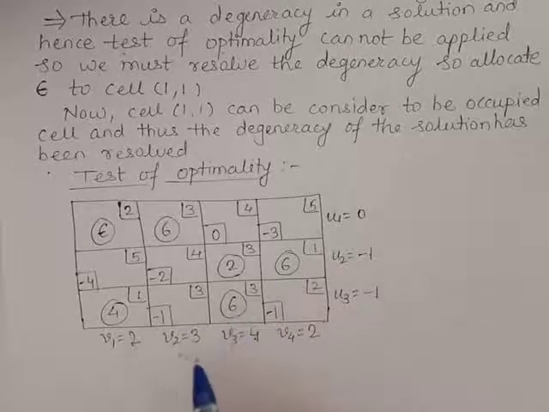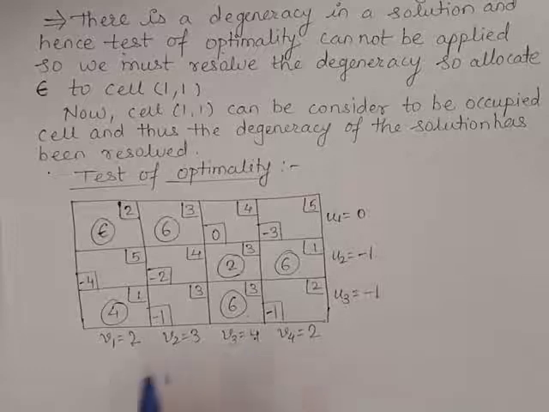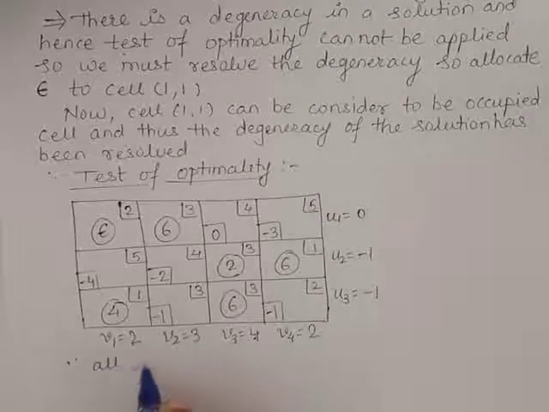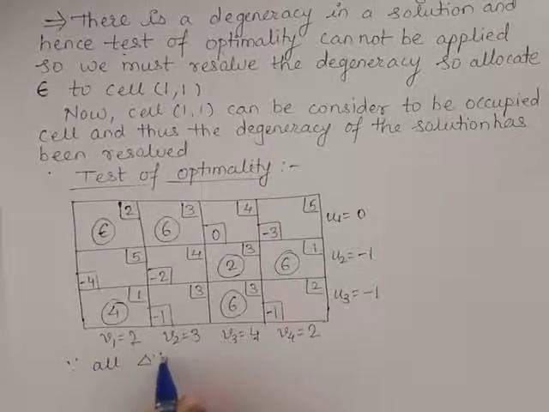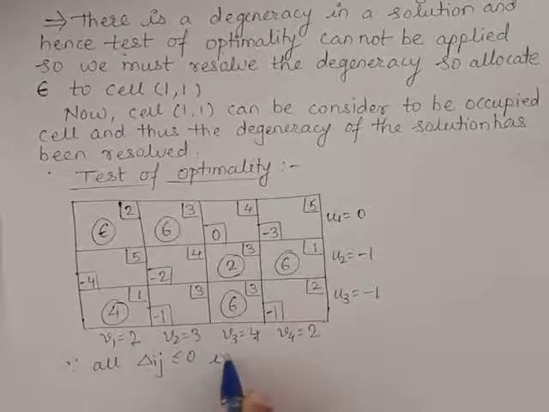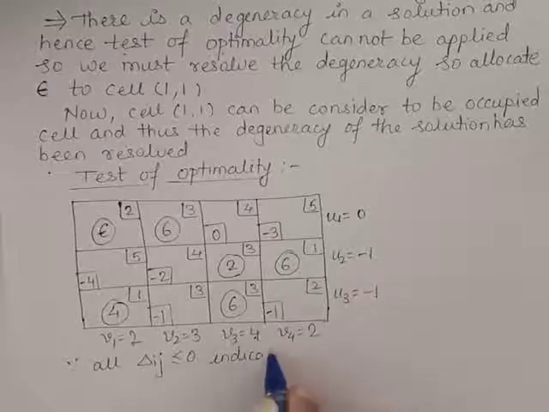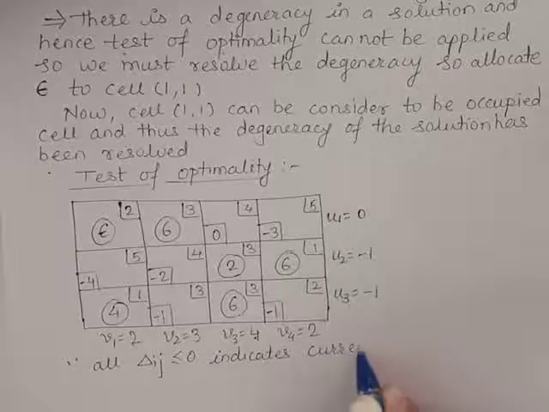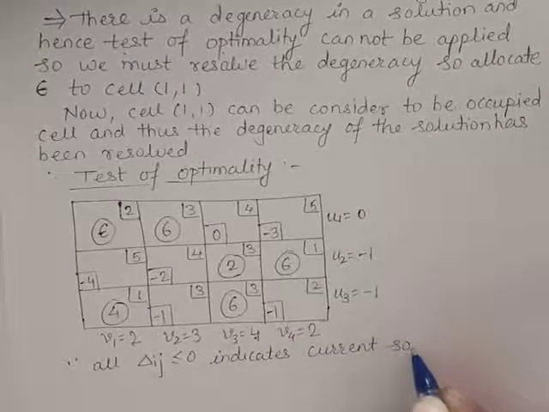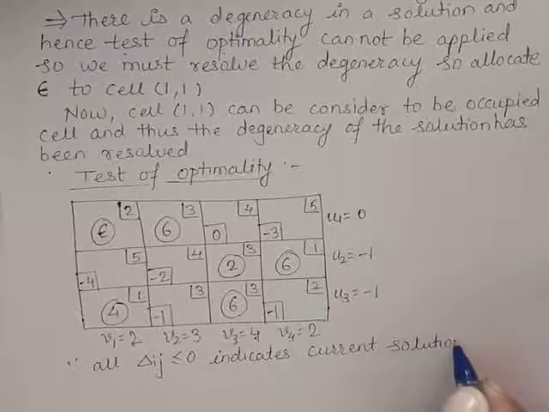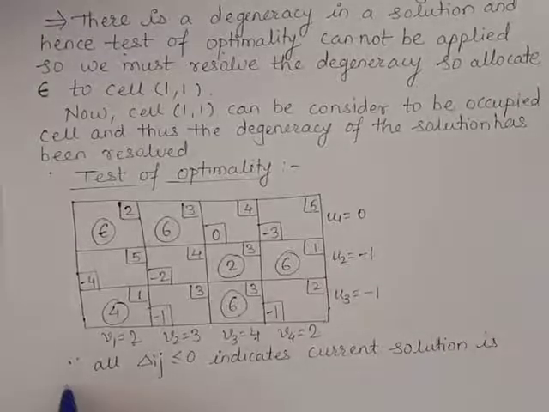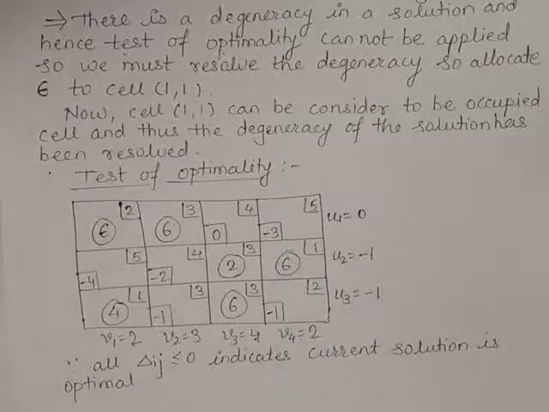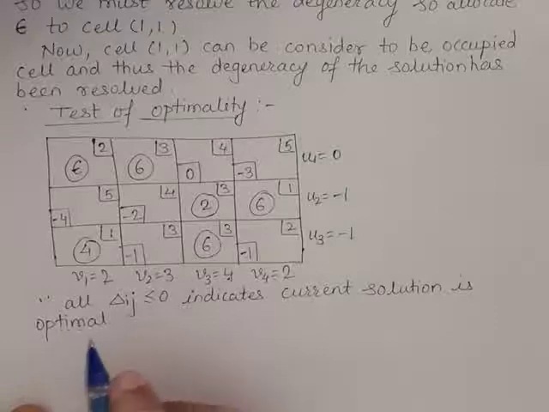Here this is an optimal solution, since all delta ij less than or equal to 0 indicates the current solution is optimal. It is an optimal solution.